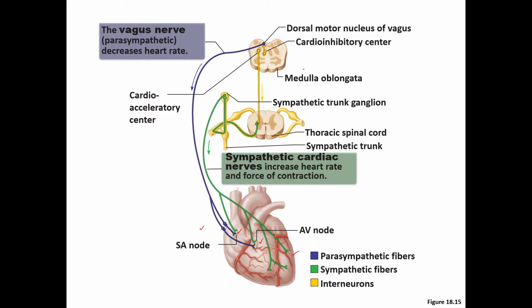Let's see where the centers are located that send signal to the SA node and other areas of the heart to control the heart rate and force of contraction. So in the brain stem, pons, medulla, you must remember. So brain stem has medulla oblongata, and in the medulla oblongata you have the centers, cardiac centers.